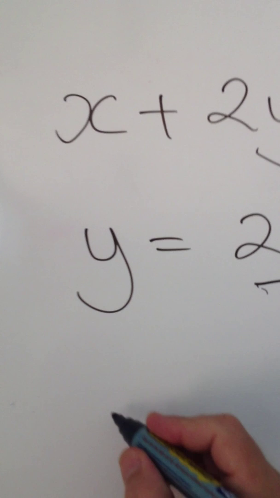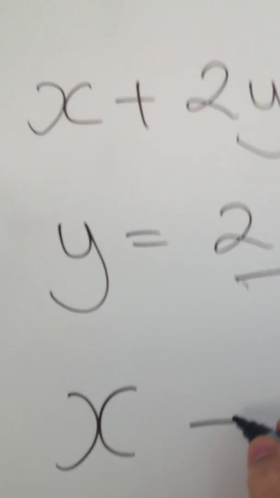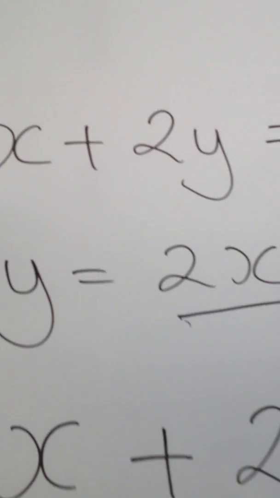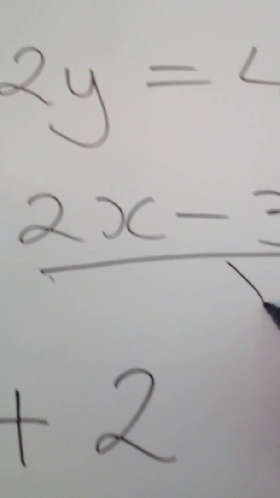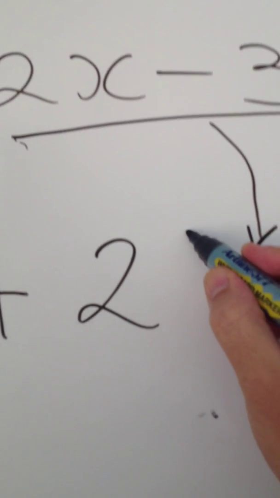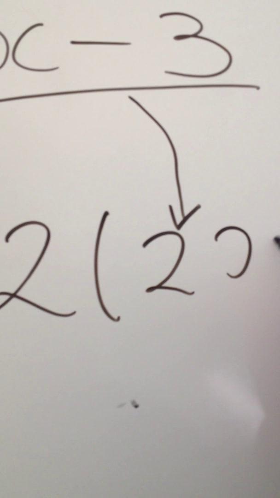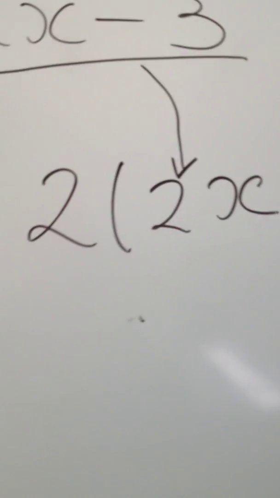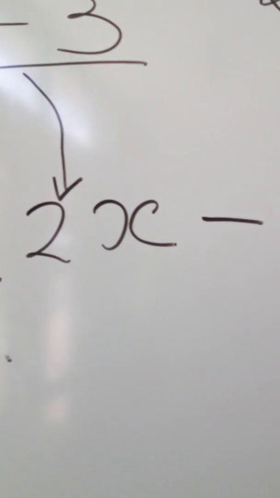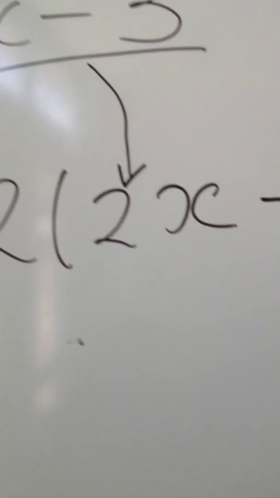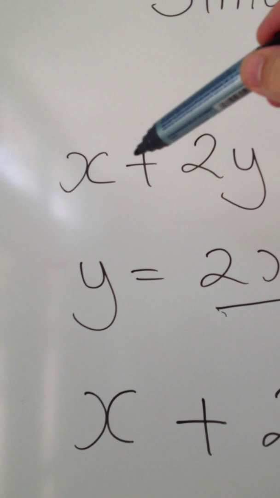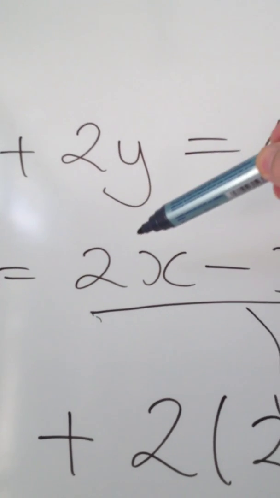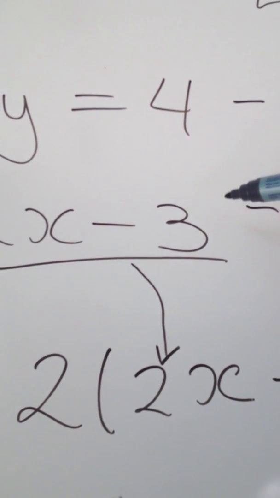So we'll go x plus 2, now instead of y, I'll put this thing, 2x minus 3. Alright, and the equation was equals to 4. So all I've done is I've put the expression for y as this.